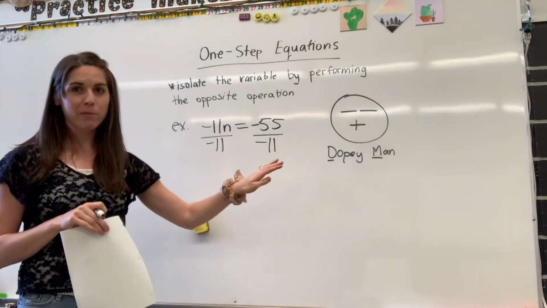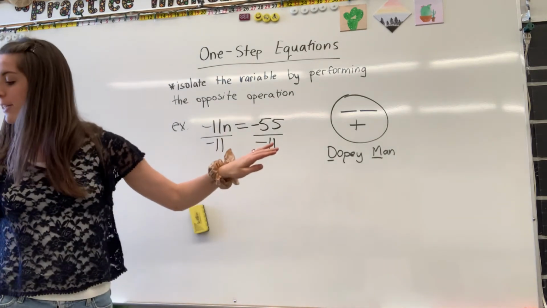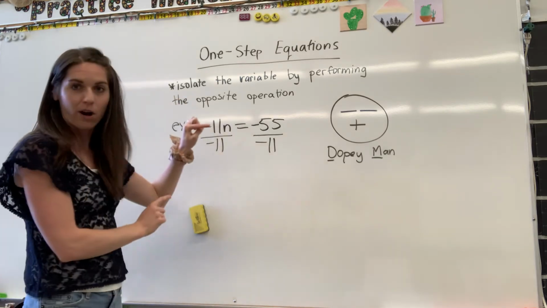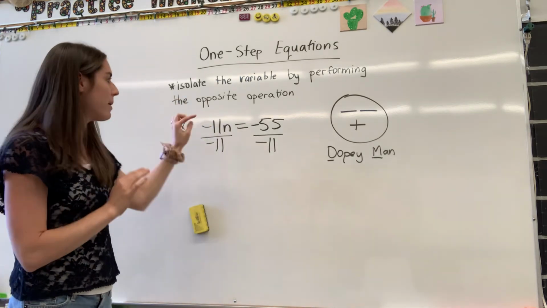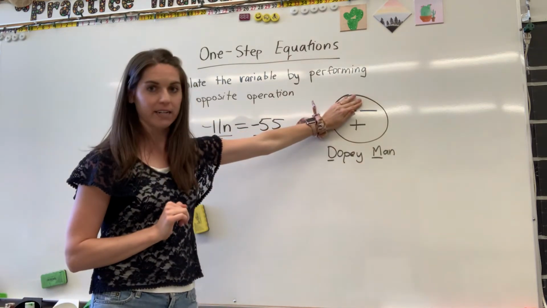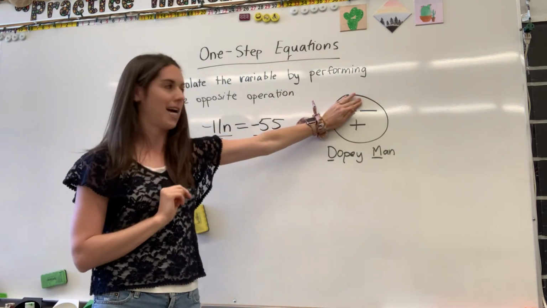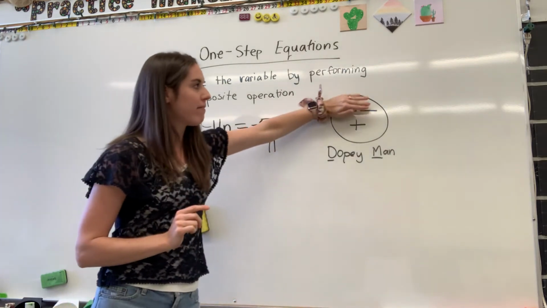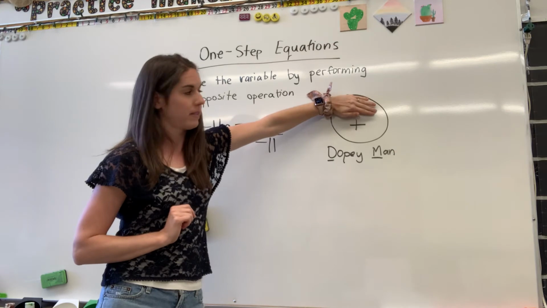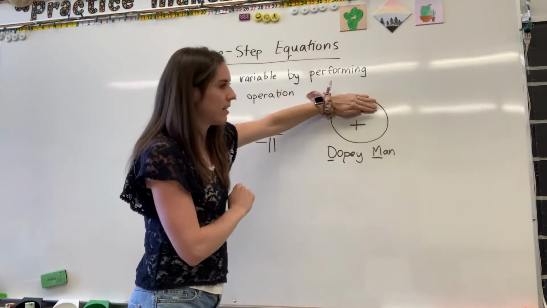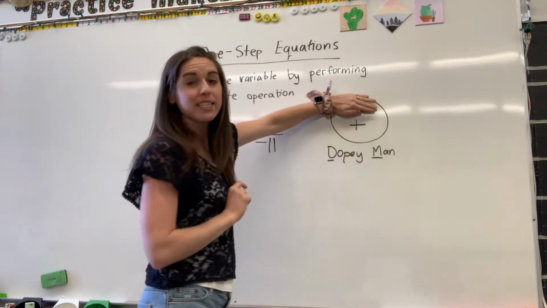Okay, this is where the Dopey Man comes in. Okay, so whatever your two numbers are, you cover those up. So I have a negative 11, so I'm going to cover up one of my negatives on my Dopey Man eyes, and I'm dividing by negative 11. So I'm covering up both of my negatives, okay? What am I left with on my Dopey Man face? I'm left with just a positive.